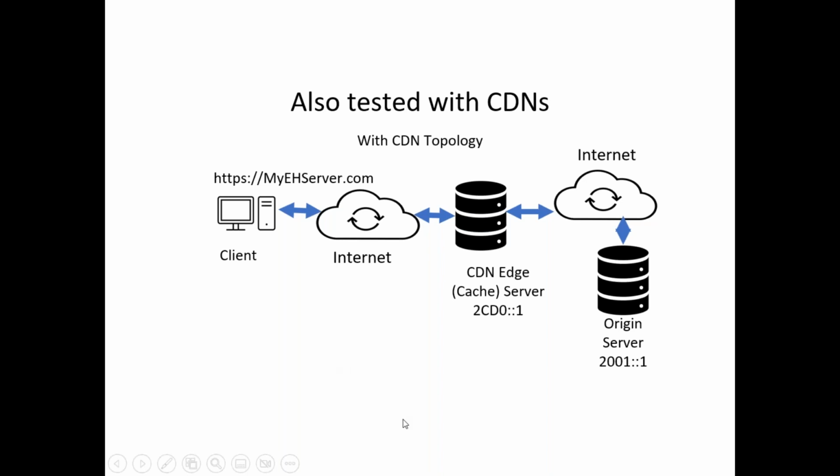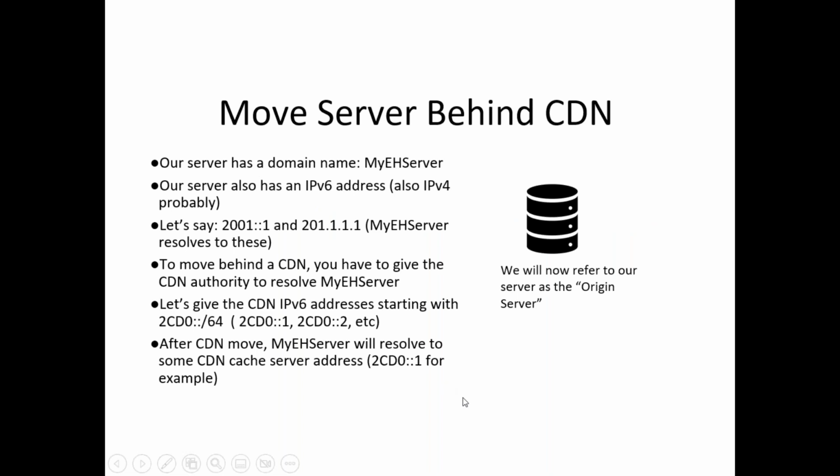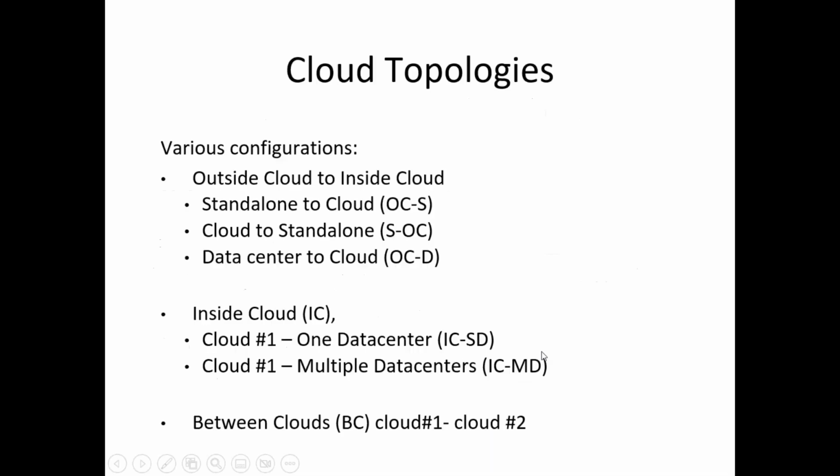And so as I say, we worked initially with CDN providers, and what we did is we moved our server to behind the CDN and took packet traces on both sides. And if you want, you can go back and look at what we found. As I said, there were some problems which two of the CDNs have fixed, and traffic is now doing much better in terms of extension headers.